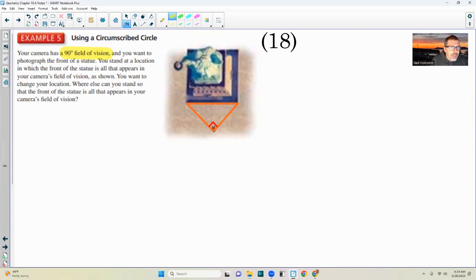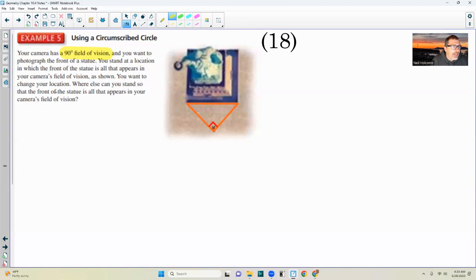So in other words, if you were standing right here and it's got a 90-degree field of vision, it can see through its lens over to this corner and this corner of this aerial view of the Statue of Liberty. It says you stand at a location in which the front of the statue is all that appears in your camera's field of vision as shown. You want to change your location.